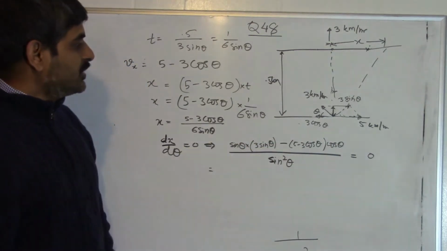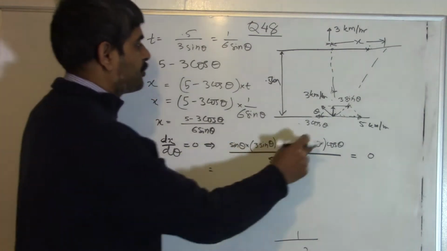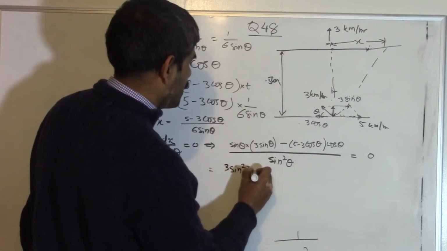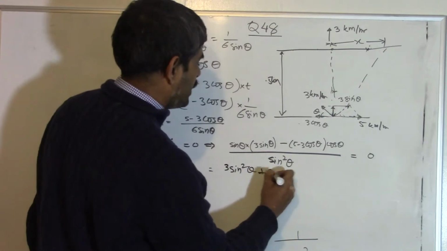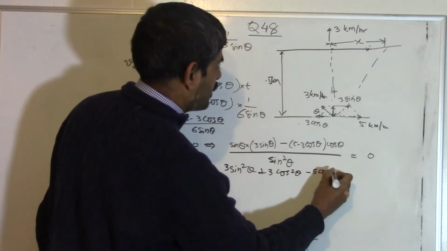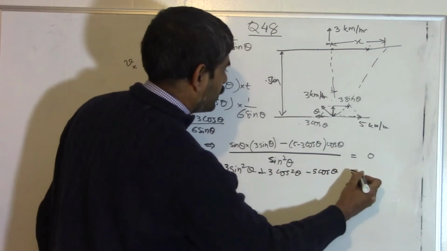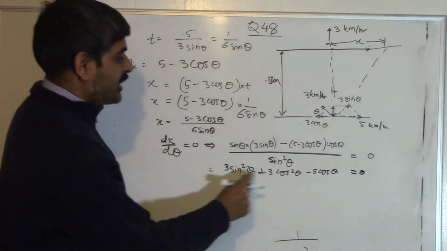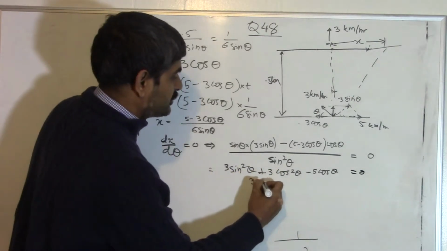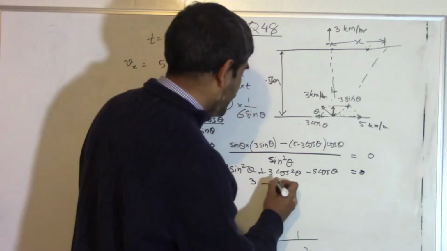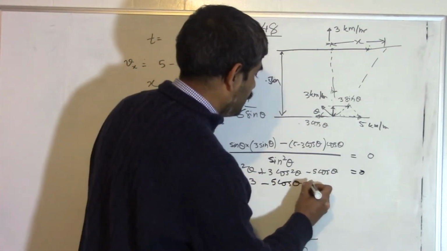So 3 sin square theta plus 3 cos square theta minus 5 cos theta should be 0. Let's get rid of this sin square theta term. 3 sin square theta plus 3 cos square theta is 3 times (sin square theta plus cos square theta), which is 1, minus 5 cos theta is equal to 0.